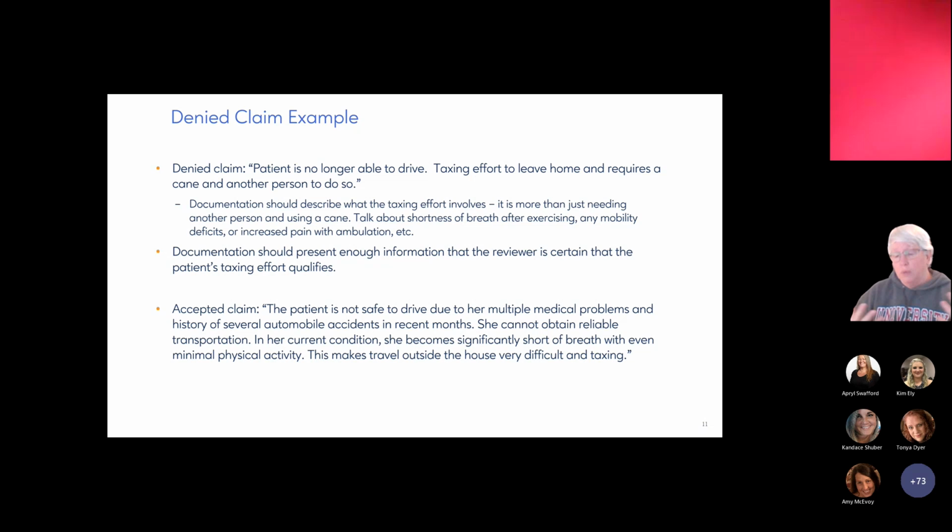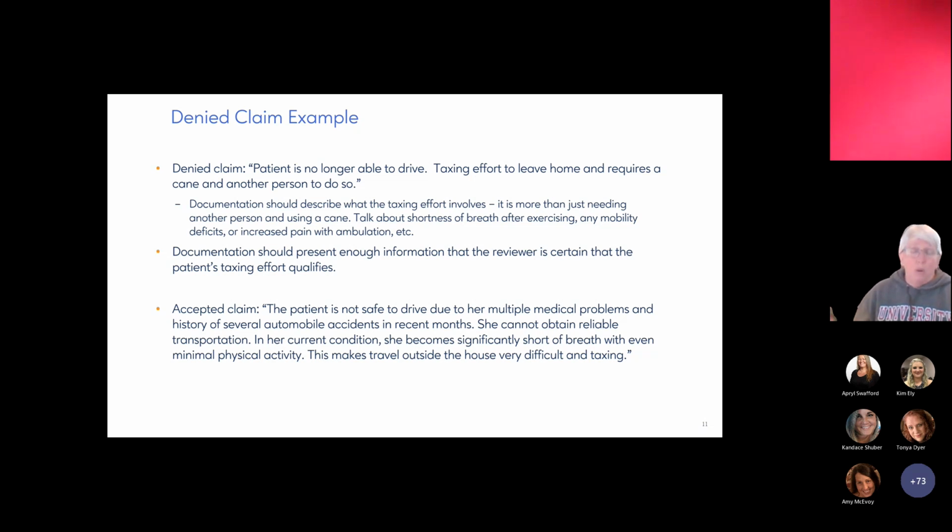Okay. So what CMS came back and said was, well, nice start, but the documentation should describe what the taxing effort involves. It is more than just needing someone else and a device. You need to talk about that shortness of breath after exercising, any mobility deficits or increased pain with ambulation. Why do they need the other person? Why do they need the cane? Trust me, anyone using a cane or a walker isn't doing it just for kicks and giggles.